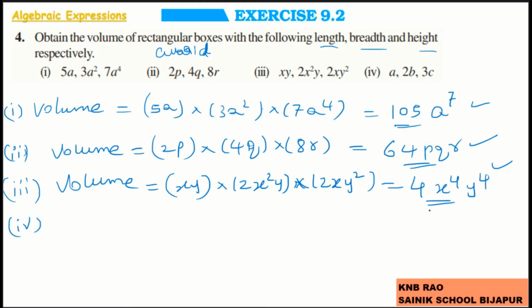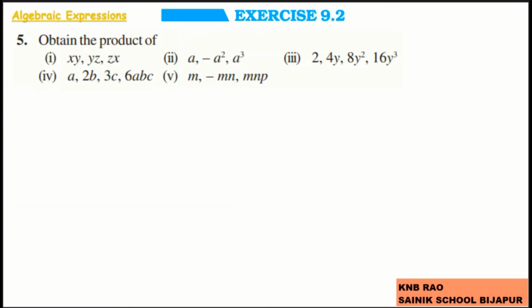It's very simple. Okay, then coming to question number 5, we are asked to find the product of these given 3 or more than 3 monomials. So let me do now from the 5th onwards.